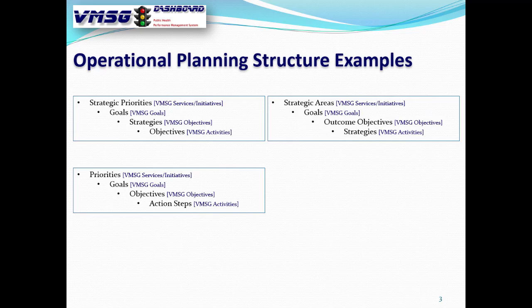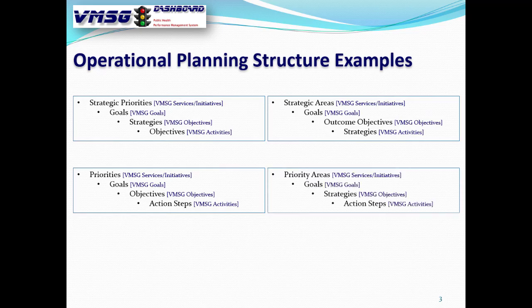In this case, we have priorities as our top level, and then goals, objectives, and action steps versus activities. Now, action steps is probably one of the most common terminologies we see for the activity level. In this case, we have priority areas again, goals, strategies down there again, and then action steps.